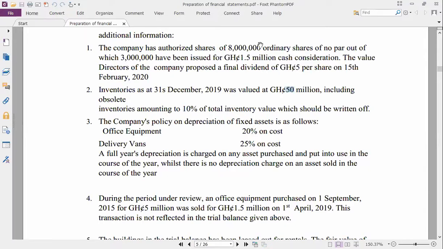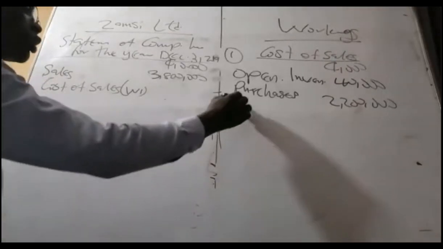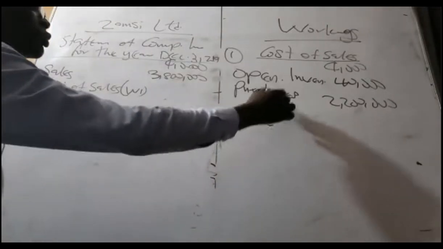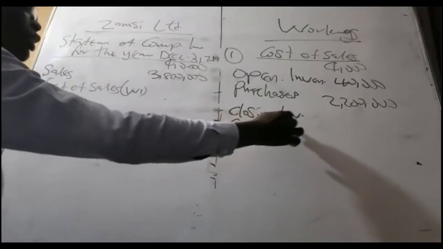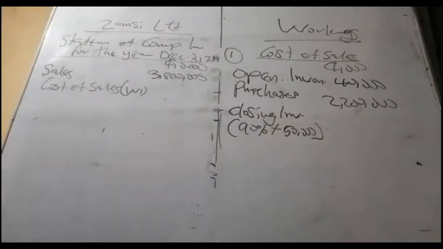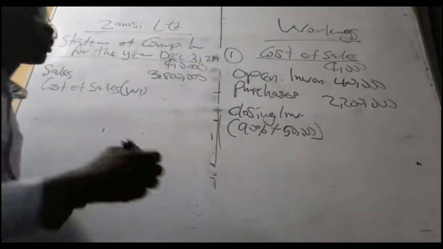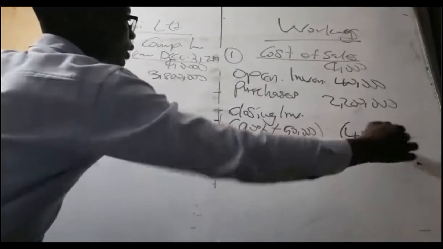That's the closing inventory. 90% times 50 million will give us the closing inventory. So closing inventory is 90% times 50,000. Therefore, the closing inventory value must be what? 45 million. You subtract.